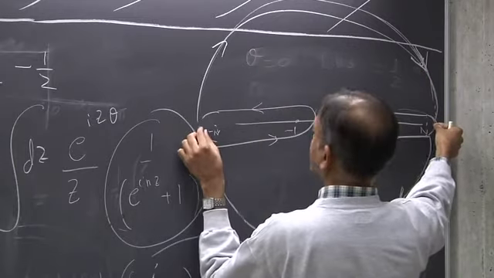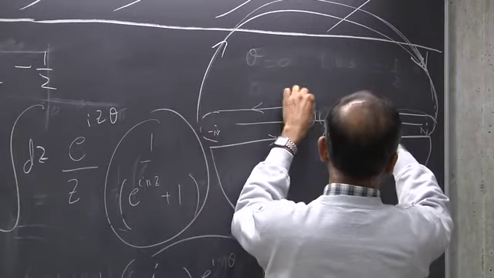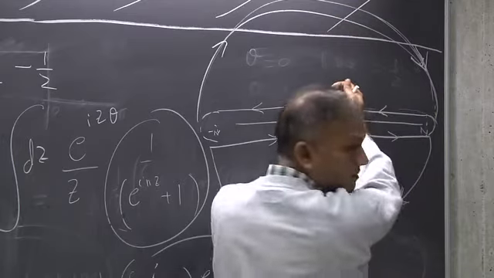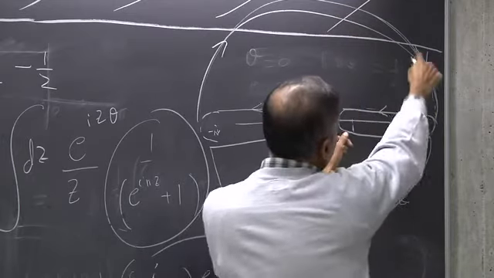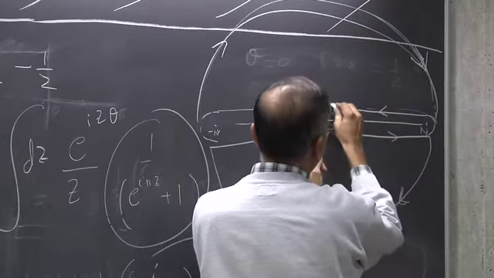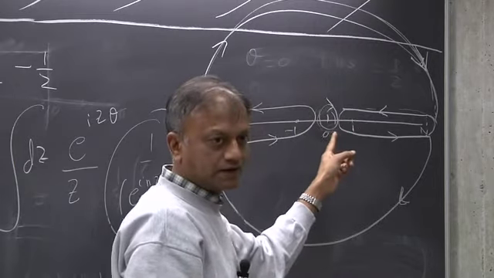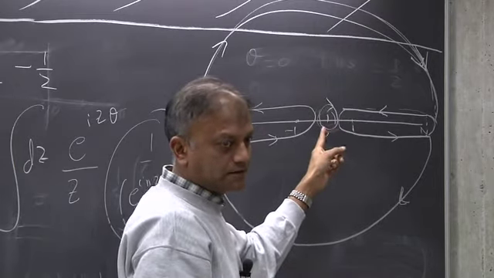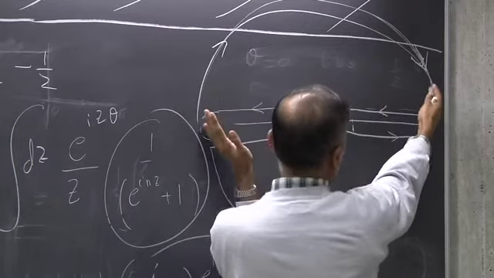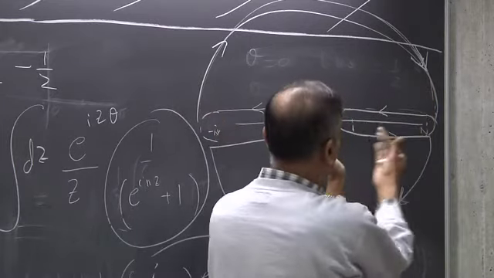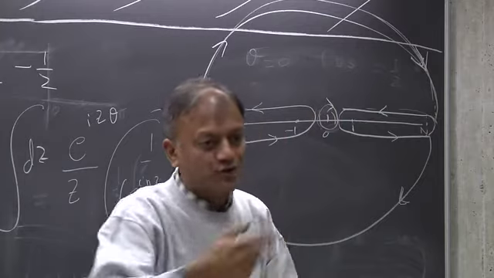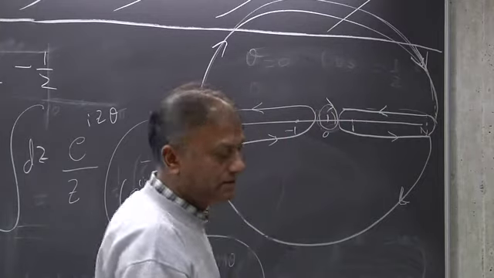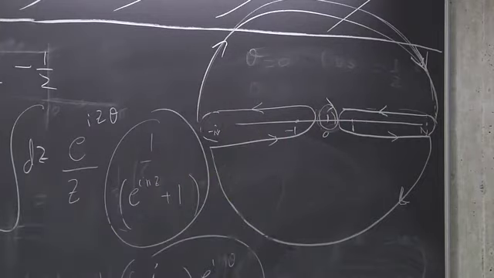Just take these two points and start moving them here and bring this circle down. But in that process, this orientation stays the same. This is clockwise orientation. So all I'm doing is taking my original contour and deforming it, and at the end, I find a clockwise contour at the origin. So that's why this -1/2.